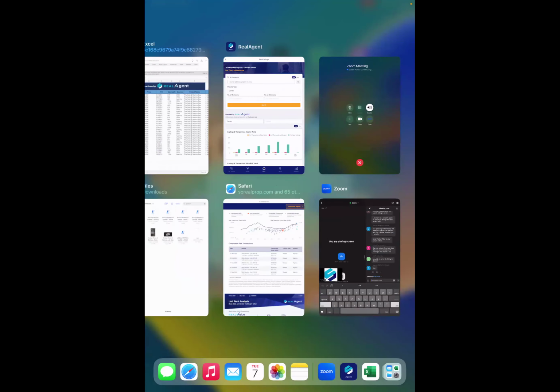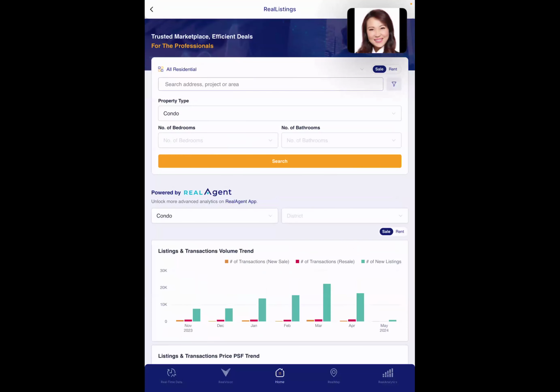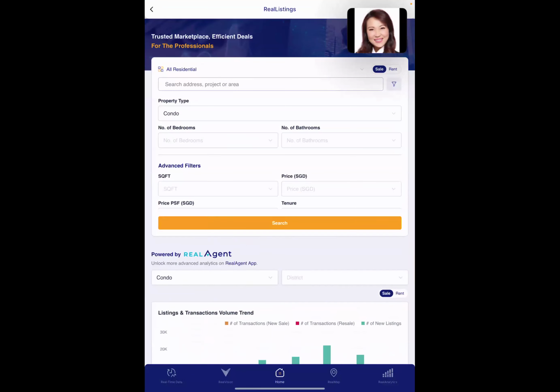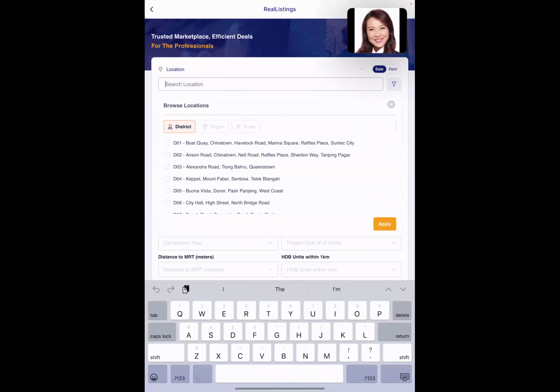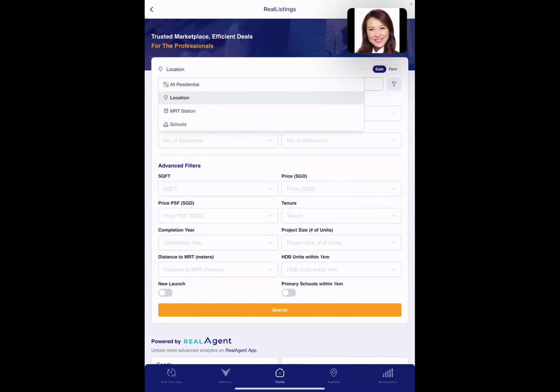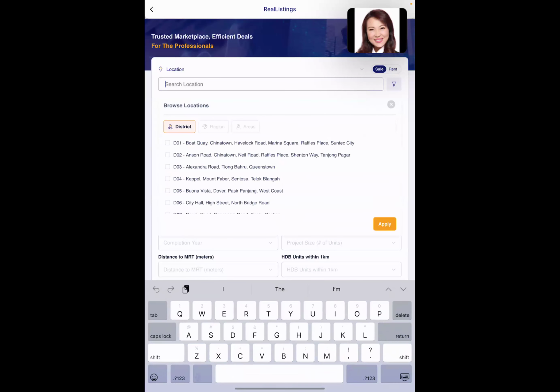Listings in districts, yes. So you can go to filter, advanced filter, by district. So instead of all residential, you type location, select location, you select by district.